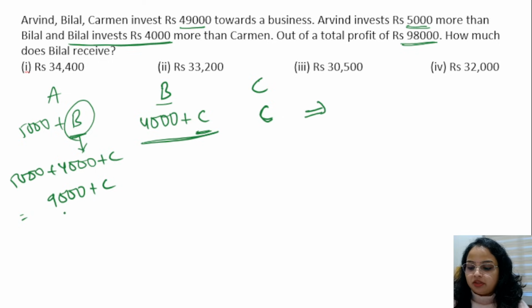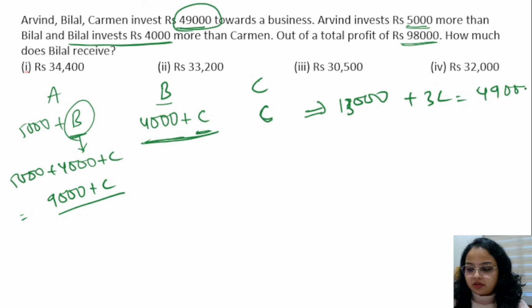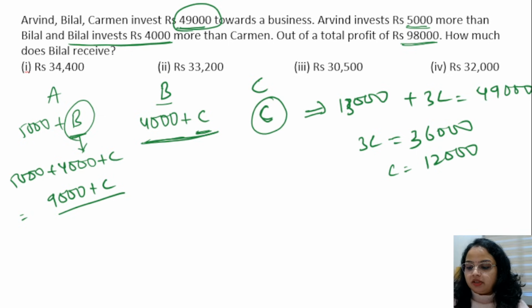It is 9,000 plus 4,000, it is 13,000 plus 3C, which is equal to 49,000. So 3C is equal to 49,000 minus 13,000, it is 36,000. So C is equal to 12,000. The amount invested by Carmen is 12,000.